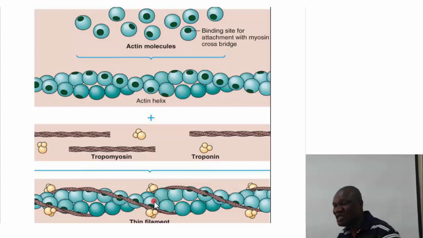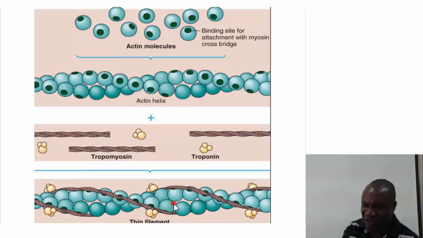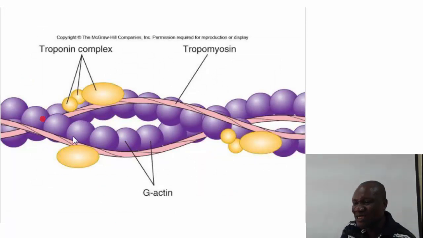Now, is it clear to this point? We've seen the actin double helix, the tropomyosin, and troponin. So this is the arrangement of the proteins in the thin filament. We have a double helix chain of actin, made up of spherical proteins.